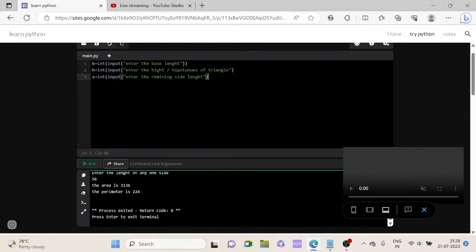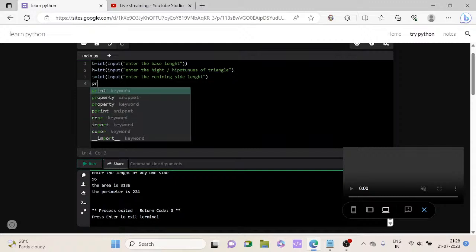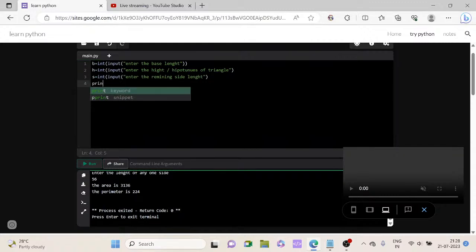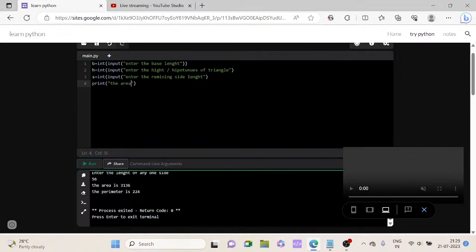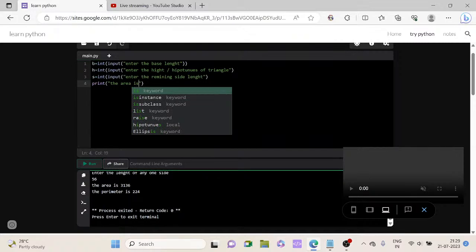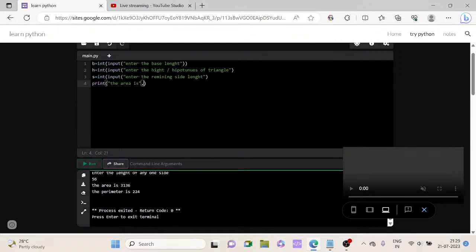So that's okay. So the next line, print, bracket. So first thing is area. Inside the inverted comma, the area is, and after the inverted comma a small comma, then the area of a triangle is half BH.